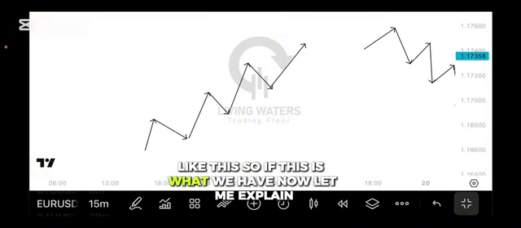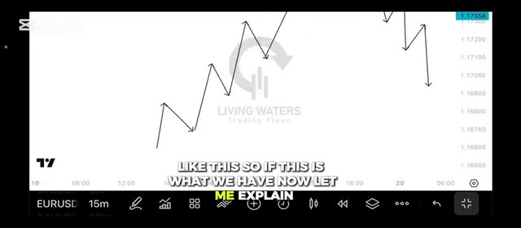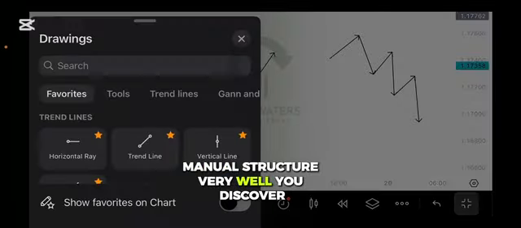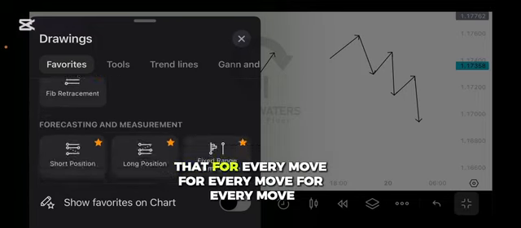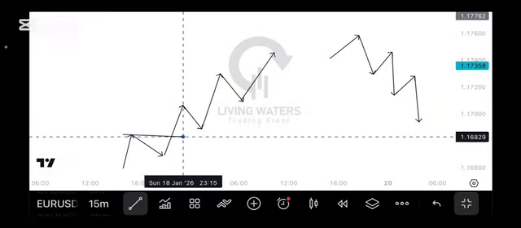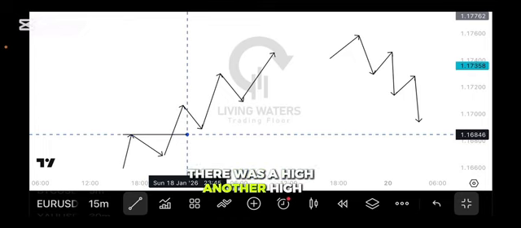If this is what we have, now let me explain. If we look at this market structure very well, you discover that for every move there was a high, another high.